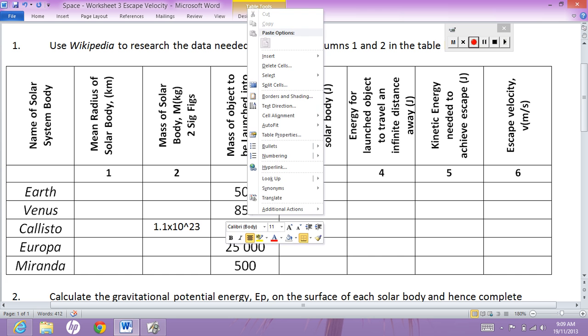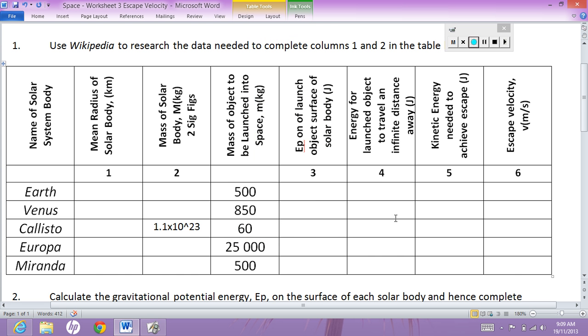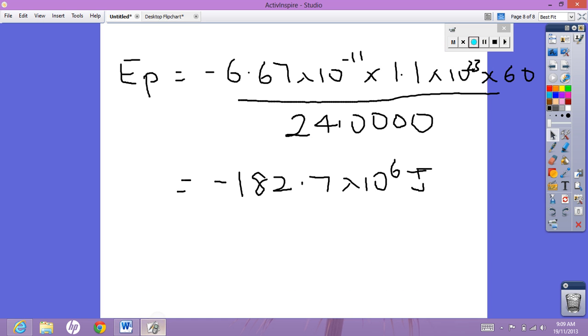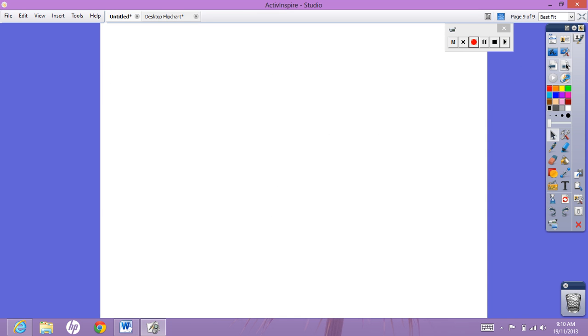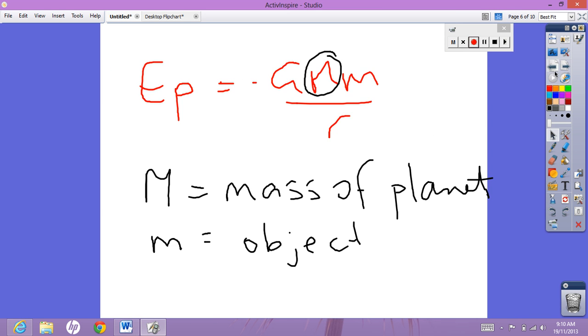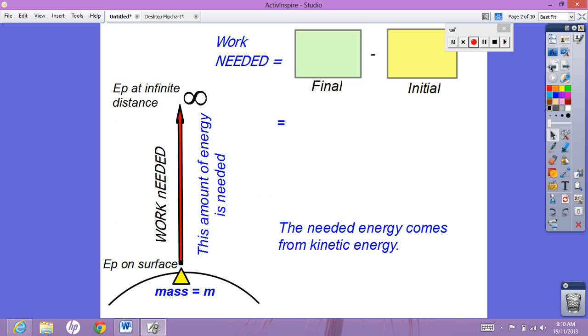Now we need to work out the fourth column. In the fourth column here, we're asked to find the energy of an object that we need to place into that object as kinetic energy so that it would be moved an infinite distance away. To do this, we have to remember the idea of escape velocity.